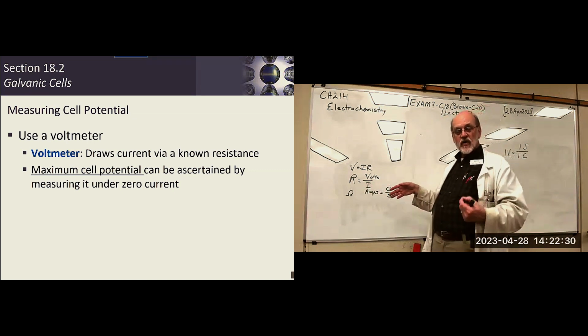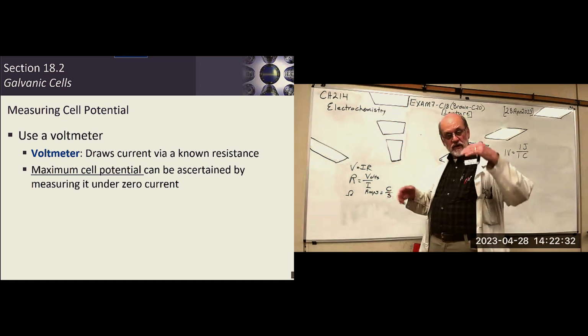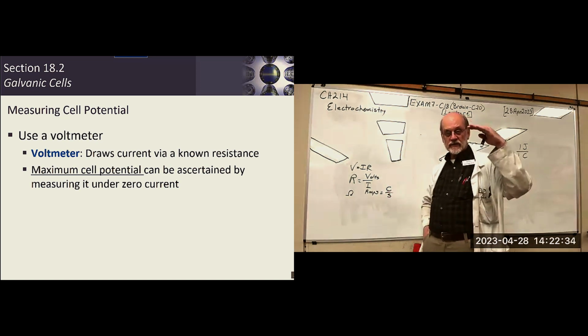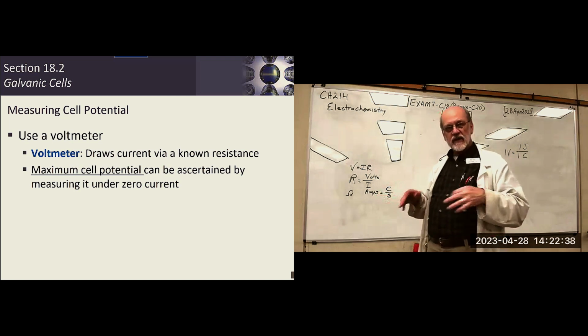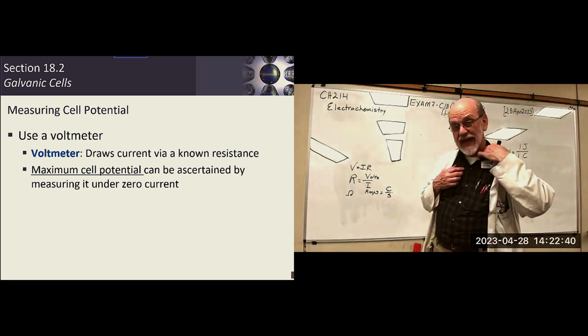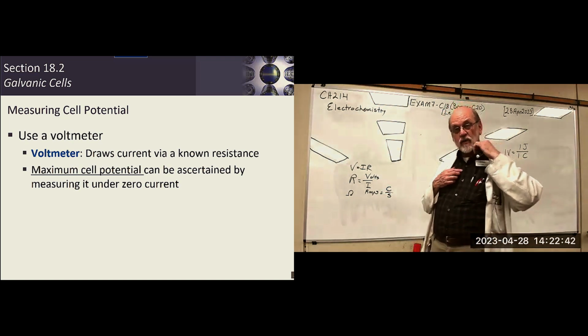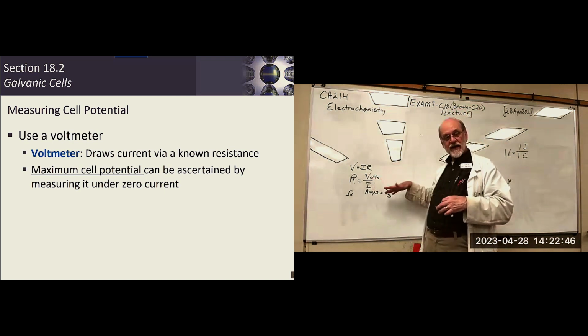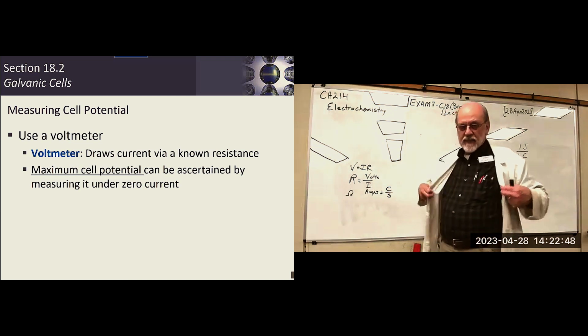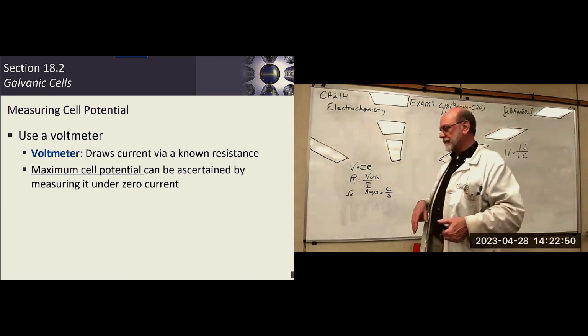It has to be zero current moving in order to measure the maximum voltage. So this is really an estimate. Some meters will make corrections, add a correction factor for the amount of current you have, and those, of course, would be more expensive.